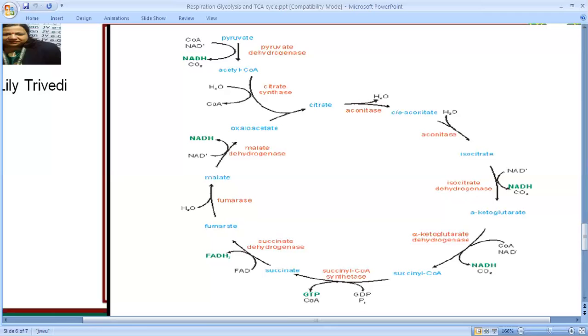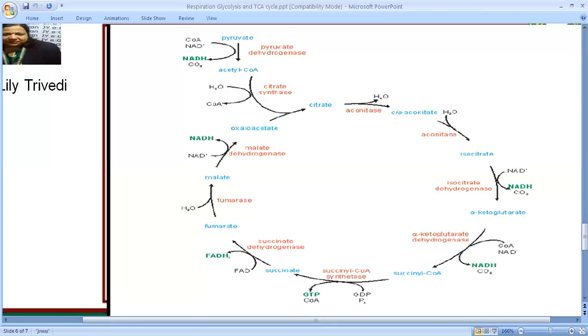Now the oxalosuccinic acid is decarboxylated in the presence of oxalosuccinic dehydrogenase to form alpha ketoglutaric acid, and the second molecule of carbon dioxide is released. Now what happens here? What is formed?